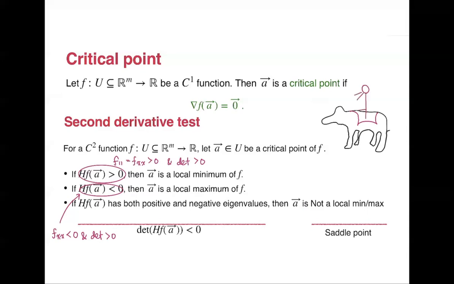So you can see that in this line, this point is the minimum, but for this line, it is the maximum, so it is not a local maximum or minimum.